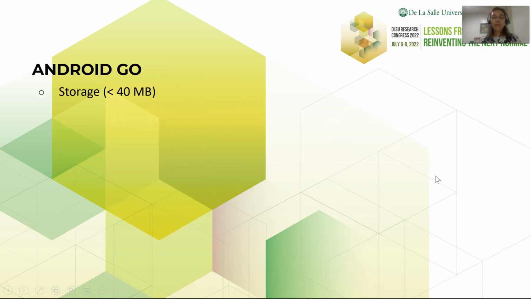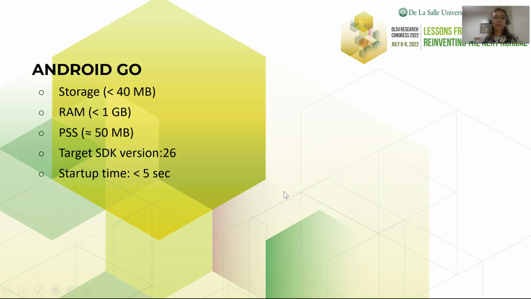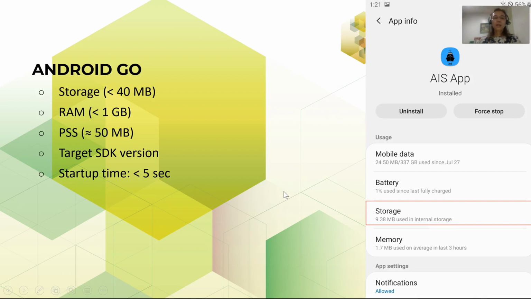One of the constraints of the project is to ensure that the code will fit the Android Go platform, which has the following specifications. Fortunately, for the storage, the program fits at only 9.3 MB, which is much lower than the storage requirement for Android Go.